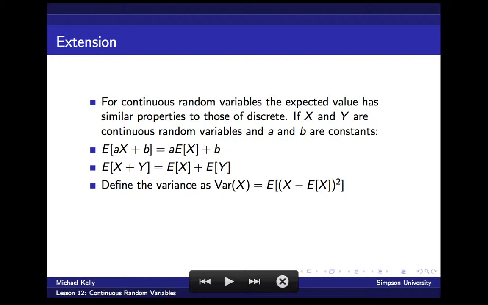The variance is still defined the same way. So we take the expected value of the distance from a random variable to its mean squared. And here these expected values represent integrals. So if you look at this closely, you could substitute in the equations if you like on paper, and you'd notice that this is going to involve a double integral.